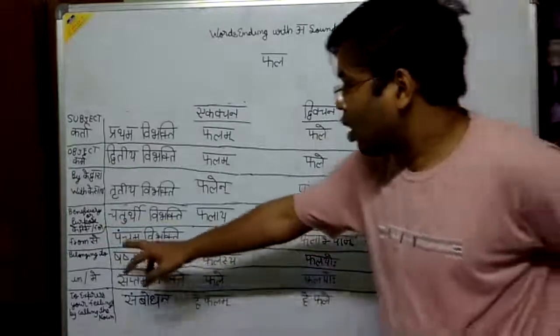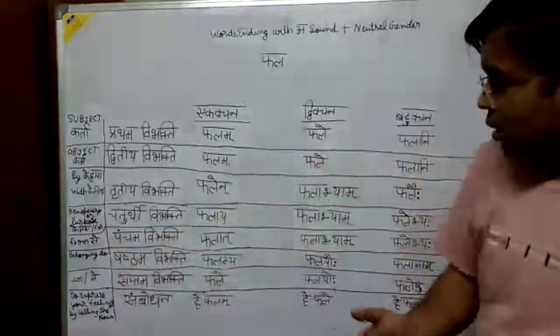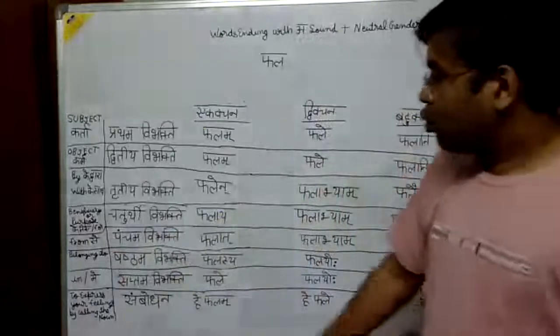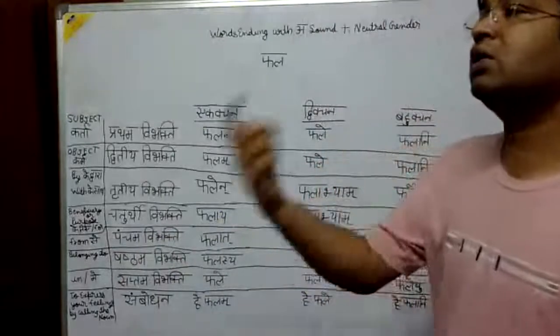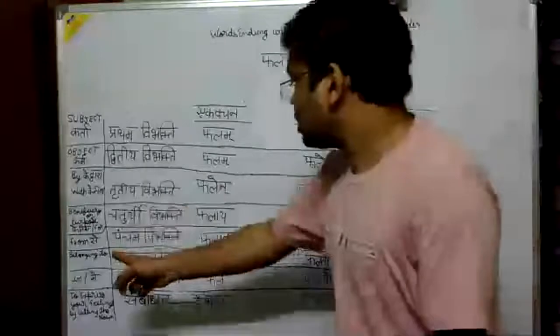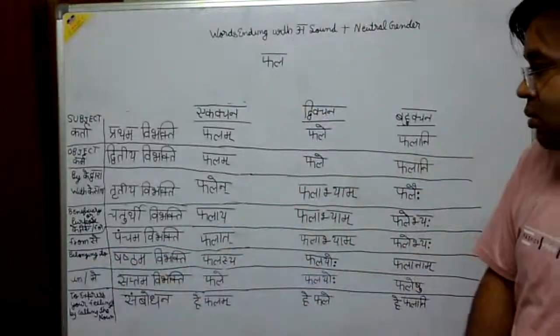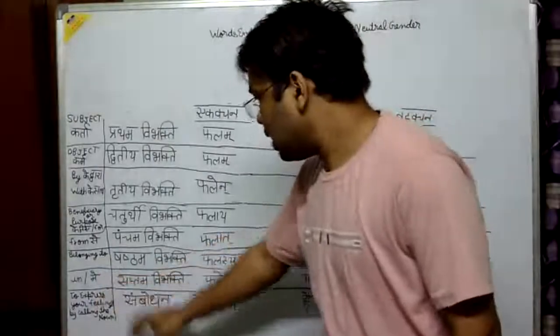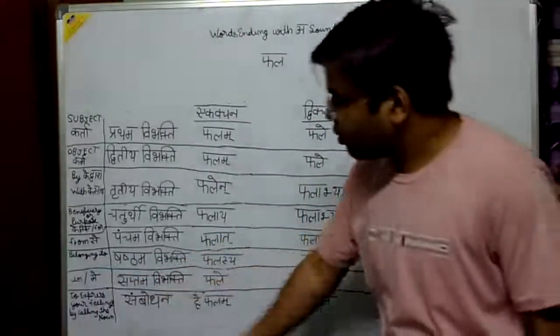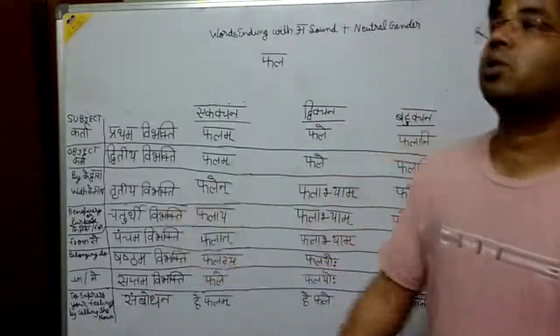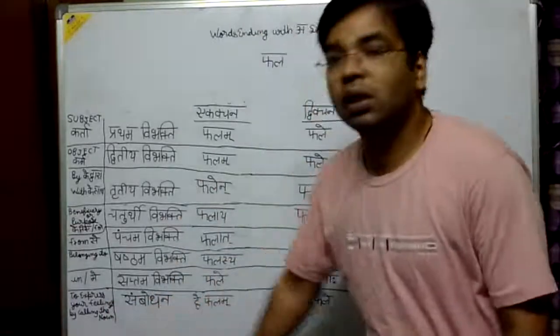Whenever we have from in the sentence, we use Pancham Vibhakti, and to show the relationship, the belongingness, we use Shashthi Vibhakti. Whenever there comes in or on in any sentence, we use Saptami Vibhakti, and to express our feelings by calling the noun, we use Sambodhana.